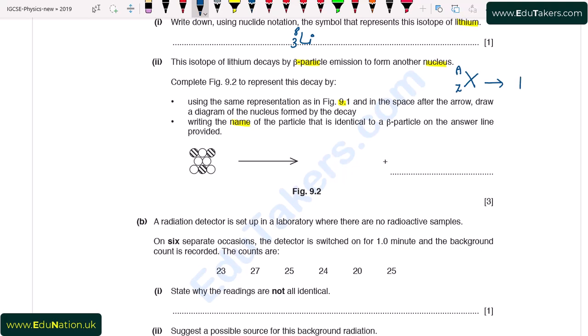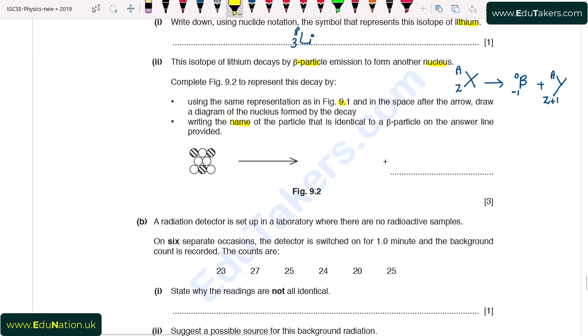So I write here a beta with -1 and 0, plus it changes into another element with atomic number Z plus 1, while the mass number remains unchanged.